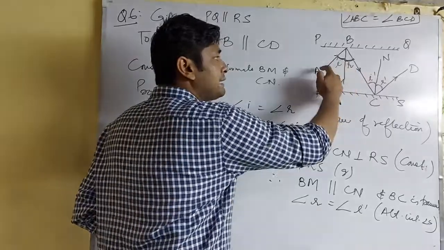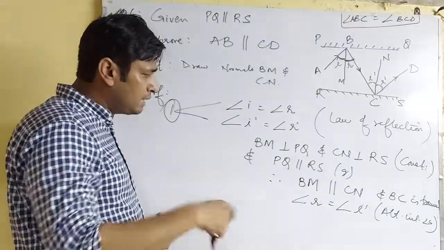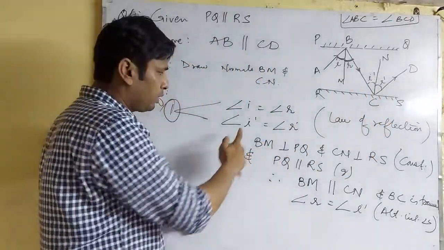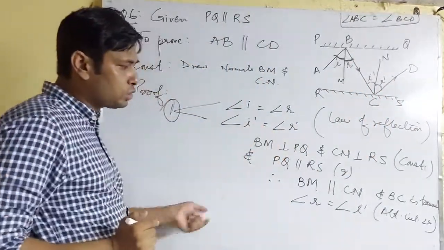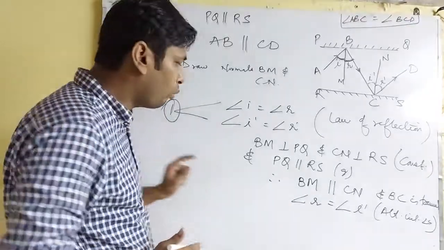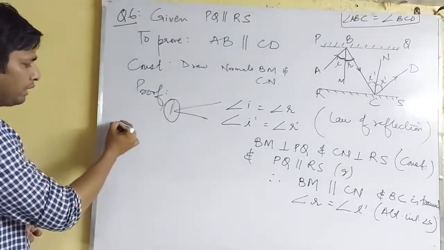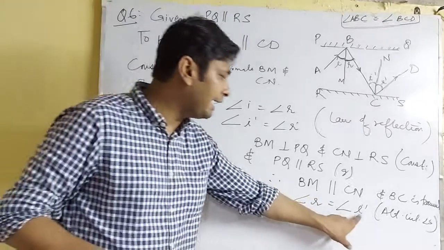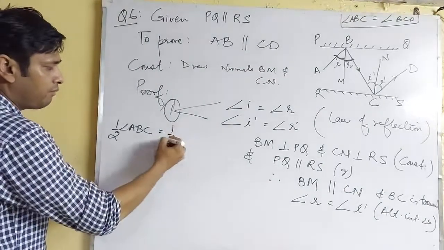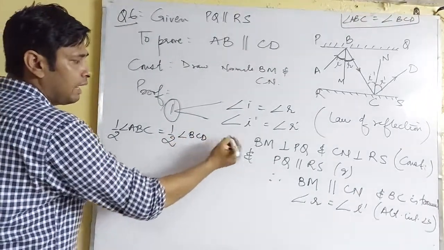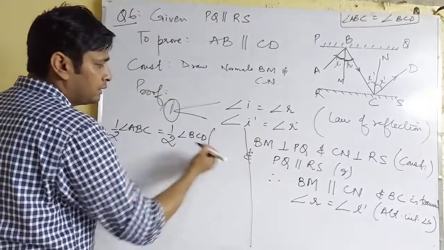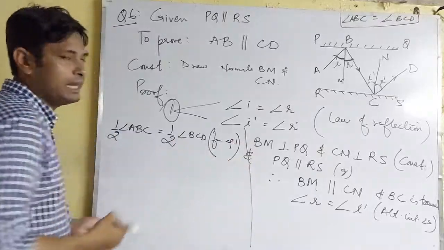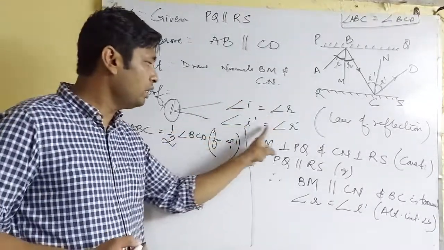Similarly, angle I dash is half of angle BCD, because these two are also equal. So in place of angle R, we are going to put half of angle ABC, and in place of angle I dash, we are going to put half of angle BCD. The reason is from equation 1.